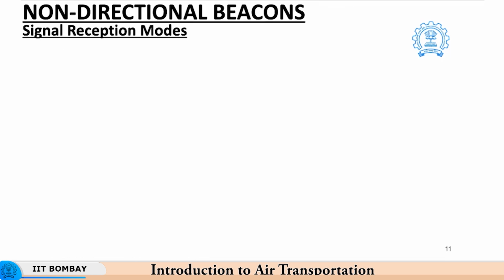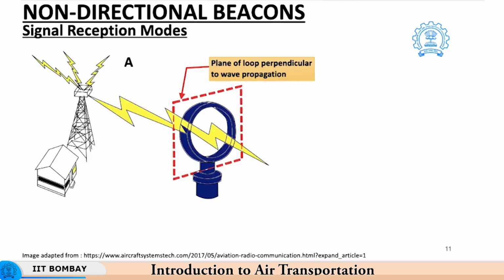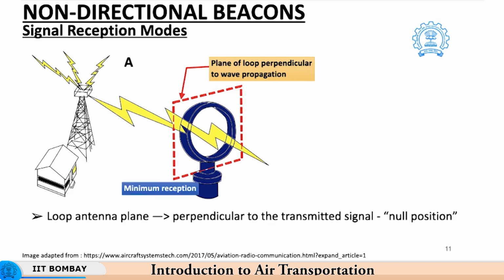So, there are two modes associated with non-directional beacons. In the first mode, that is A, the navigation signal is perpendicular to the plane of the loop antenna. Because of this relative orientation, the signal received by the loop antenna would be minimum and hence would be indicative of a null position.